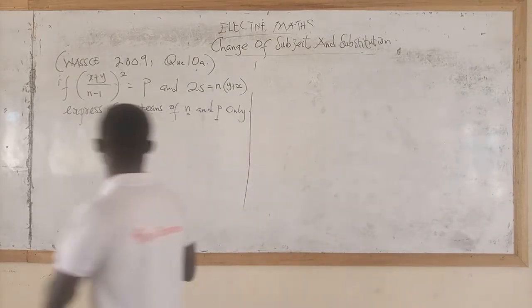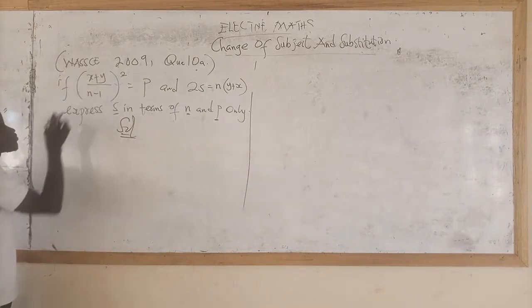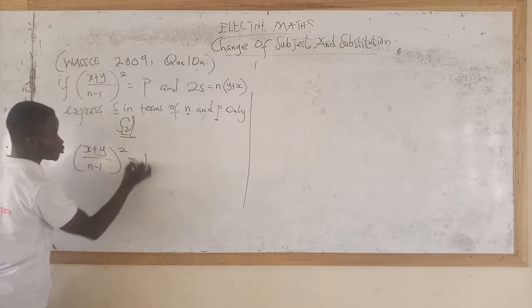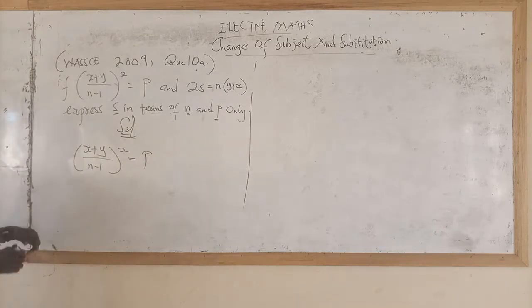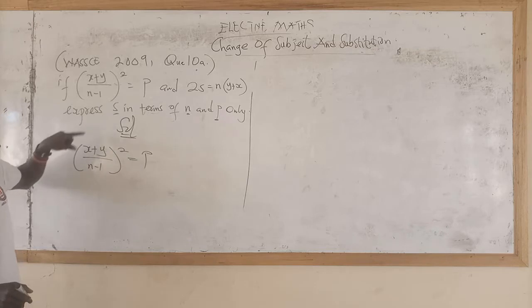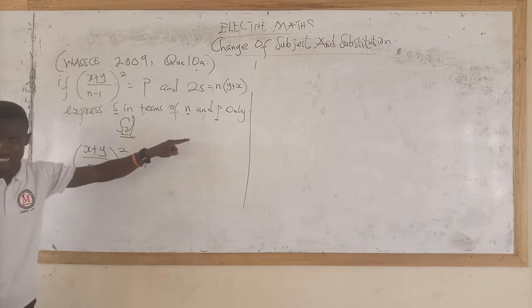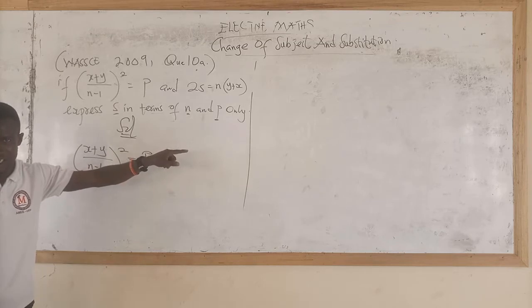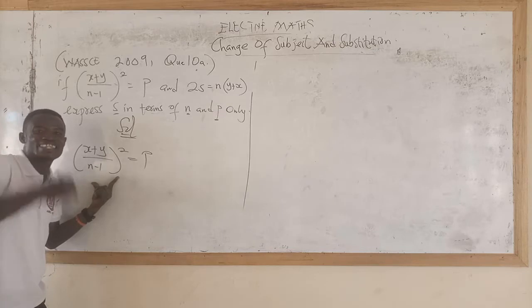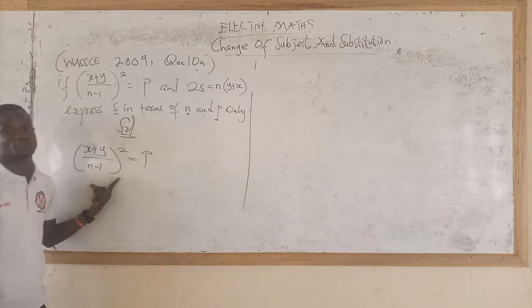When you pick the first equation, which is s plus y over n minus 1 all squared equal to p, what you did not have for it to be in the expression, but you can see it here, make that variable the subject.